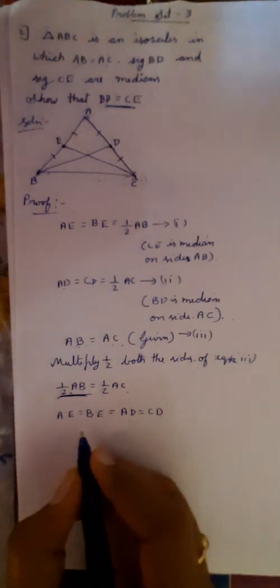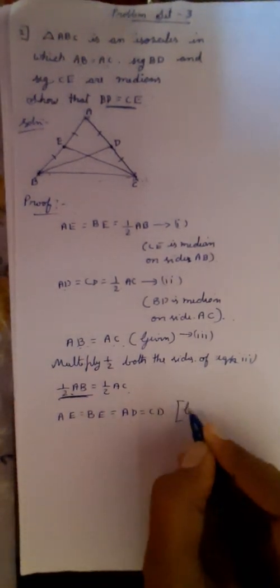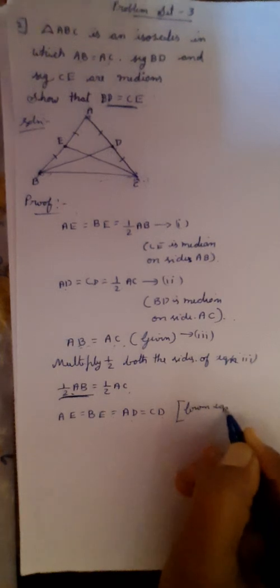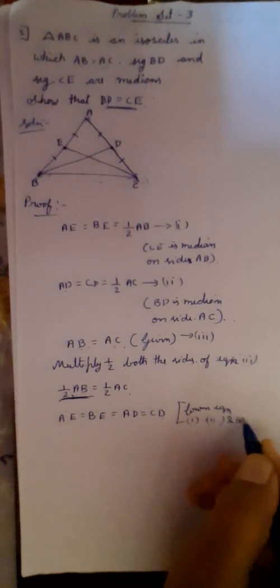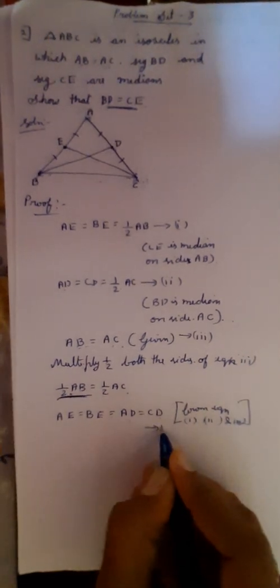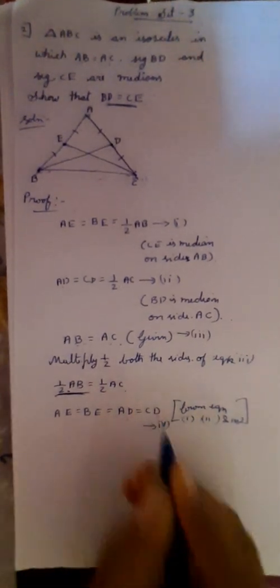Next, after this, from equation 1, 2 and 3, consider this as equation 4. This thing is equation 4.